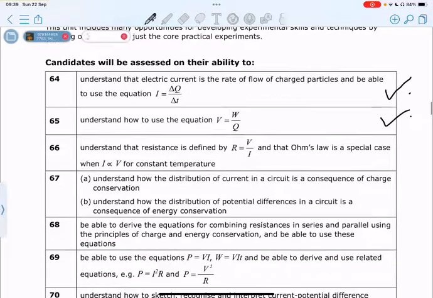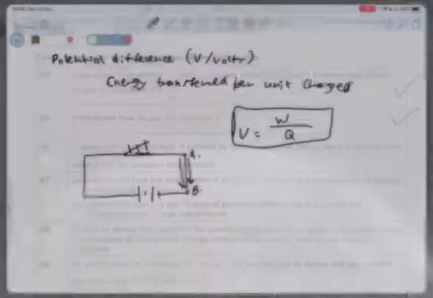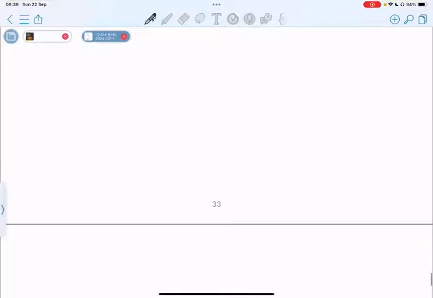Understand that resistance is defined as R is equal to V on I, and that Ohm's law is a special case when I is proportional to V for a constant temperature, okay? So what is resistance? Resistance, given by the symbol R, has the SI unit ohms.